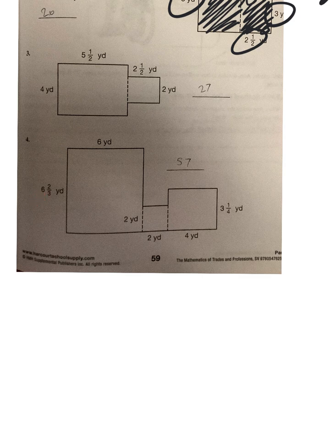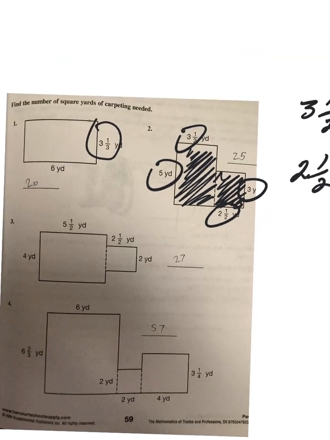So that's the way you measure carpet. So we go to the next page, page number 60. So page 60, Charles installs wall-to-wall carpeting in a rectangular room, and it's always a good idea to draw your pictures.